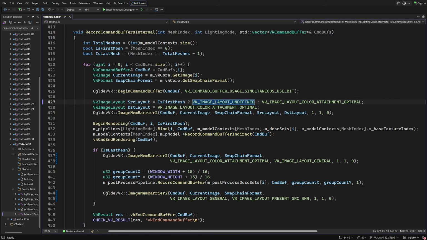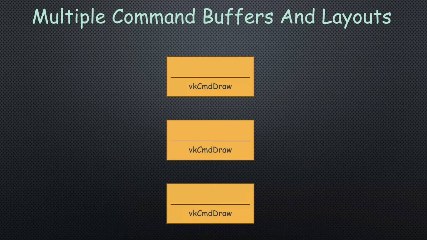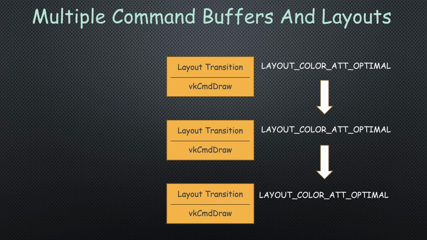then the source layout is undefined. Otherwise, it is already color attachment optimal, and we are basically doing a transition from the same layout to itself. It may seem like we can drop the transition in this case, but this will be incorrect. Every primary command buffer must establish the layout before it starts executing, even if it looks like the layout is already known.